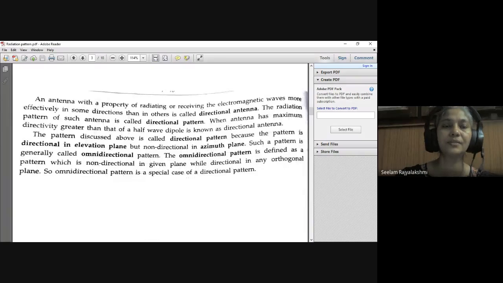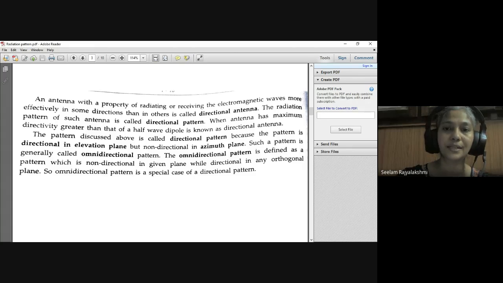Now, an antenna with the property of radiating or receiving electromagnetic waves more effectively in some directions than in other directions is called a directional antenna. That means the radiation can be propagated only in a particular direction.